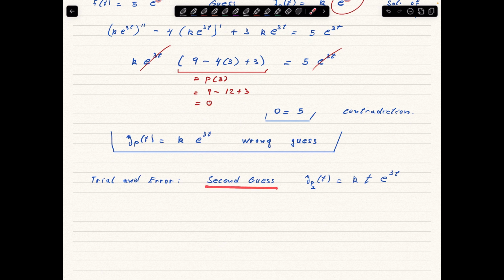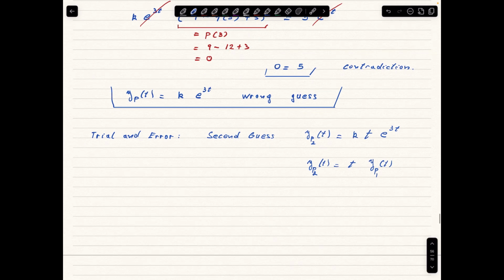The idea of this guess comes from solving a homogeneous equation with a repeated root. It doesn't matter, but multiply your first guess by t. So another way to say this is that the second guess is t times the first guess. And well, we do it all over again. So we need to put that function into the equation now.